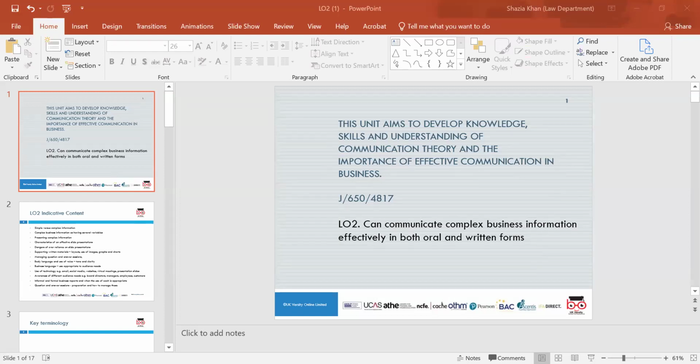Internal communication can be things such as face-to-face communication, which allows people to give us more feedback. And also we looked at written communication, if you have to write a letter or anything like that.